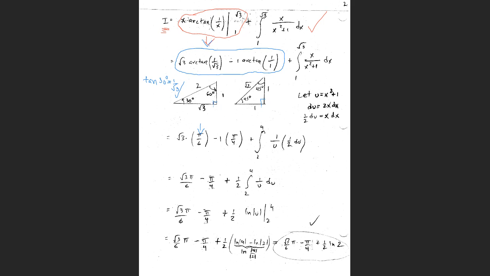So at 30 degrees, the opposite side is 1, and the adjacent side is root 3. So the tangent of 30 degrees does equal 1 over root 3. So therefore, the arctangent of 1 over root 3 is pi over 6.